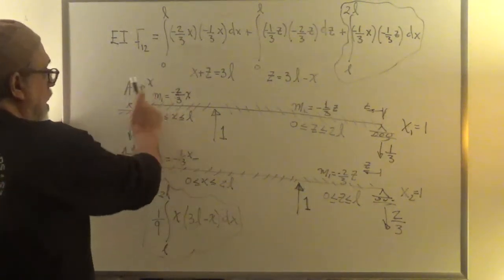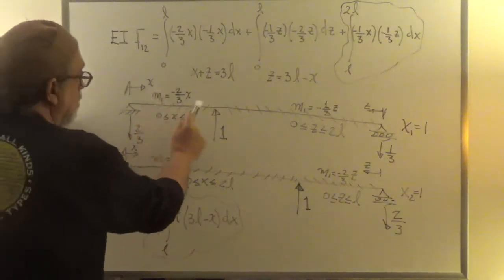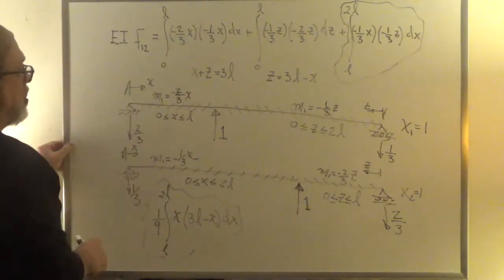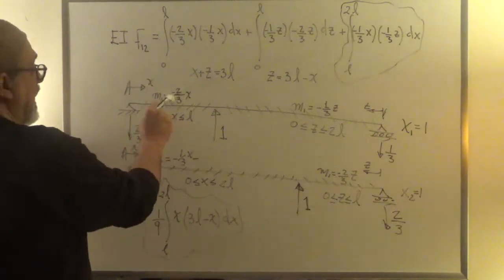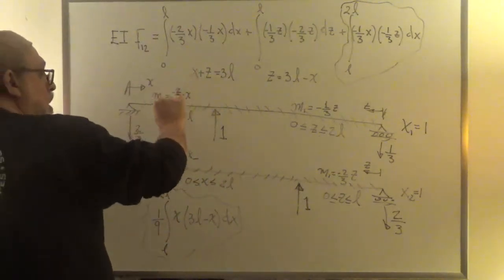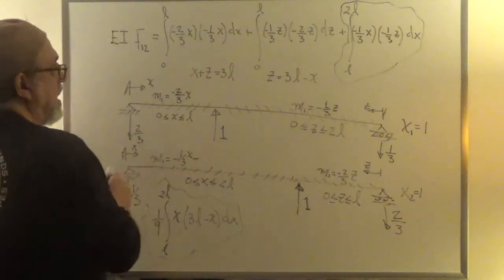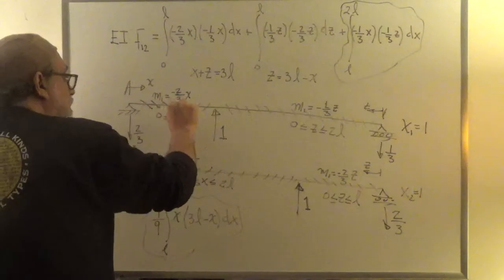We take a bubble, we decide on a sign convention, and you agree that we get that m1 is minus 2/3 of x, with x beginning here. We realize that that expression, because of this 1 here, the bubble is only good up to the 1, right? So that expression is only valid for 0 less than x less than L, which is this region, right?